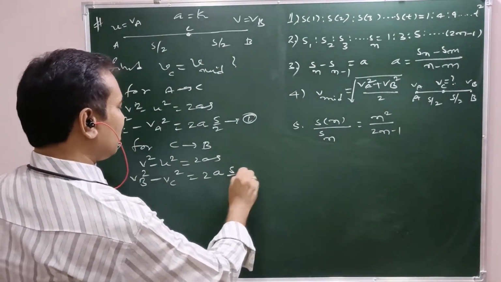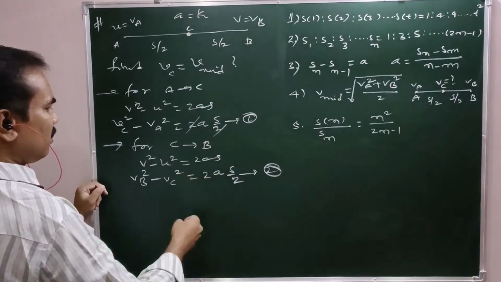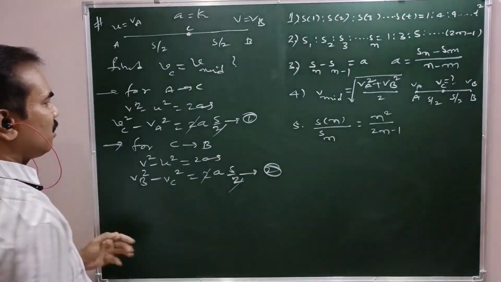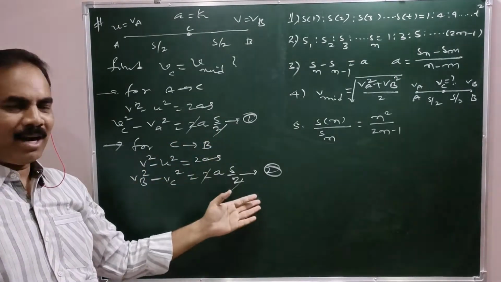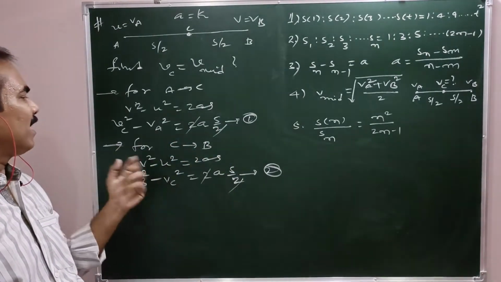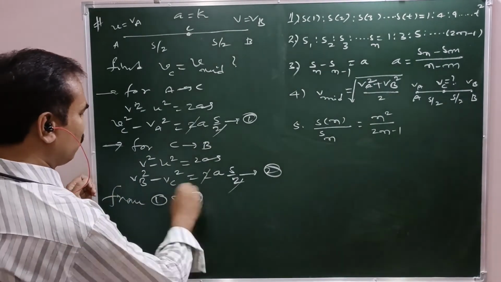Number 2. The 2 cancels, so the RHS is AS here and AS there. So from 1 and 2, the RHS is the same, hence the LHS are equal.